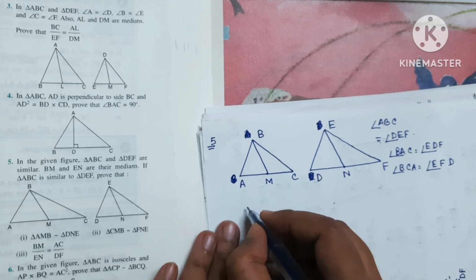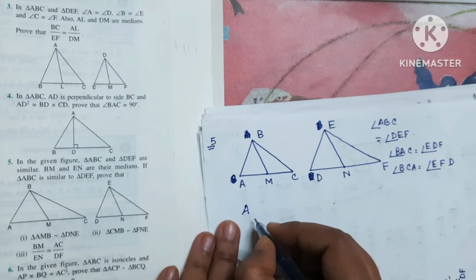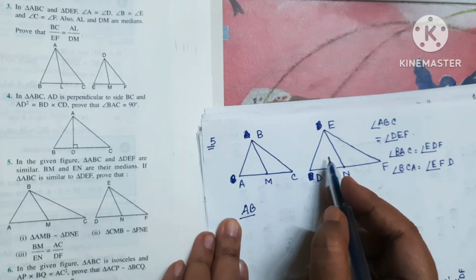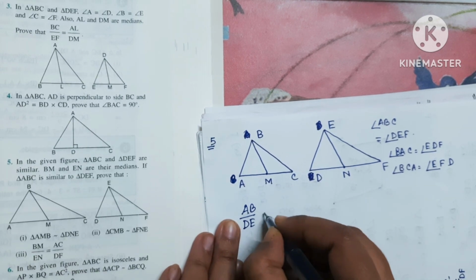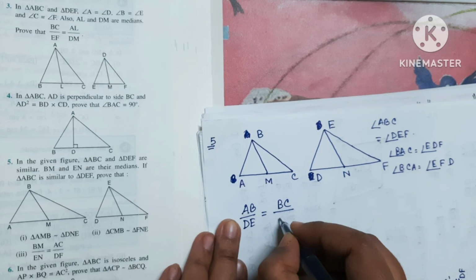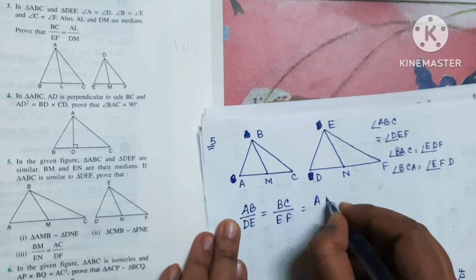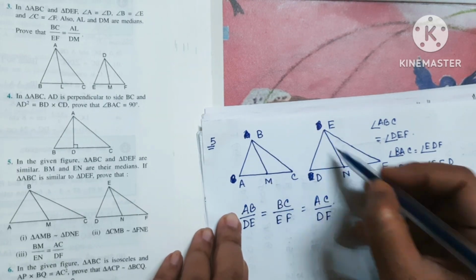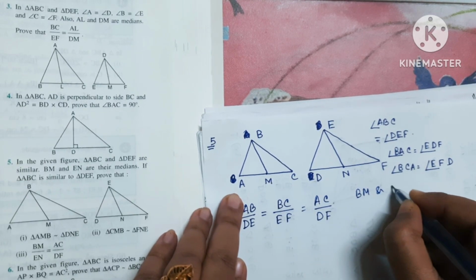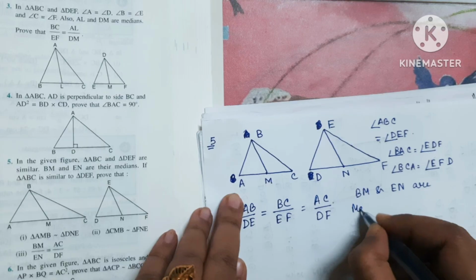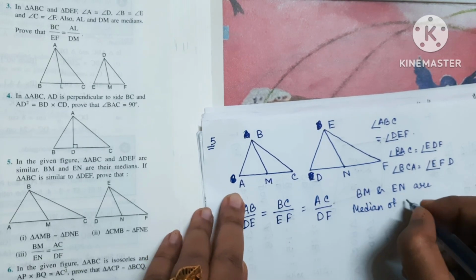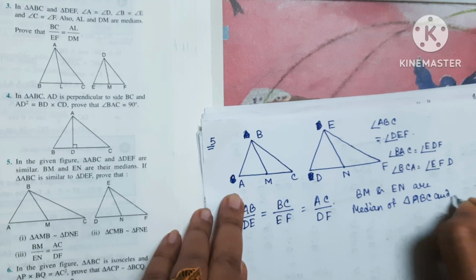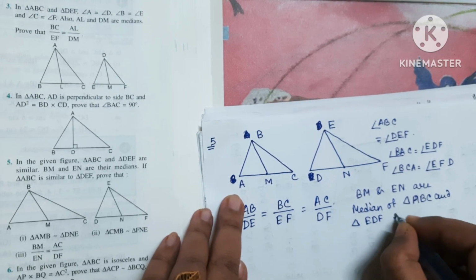Now another thing, corresponding sides are proportional. That means AB by DE is equal to BC by EF, and that is equal to AC by DF. Okay. Now another thing, since BM and EN are medians of triangle ABC and triangle DEF respectively.